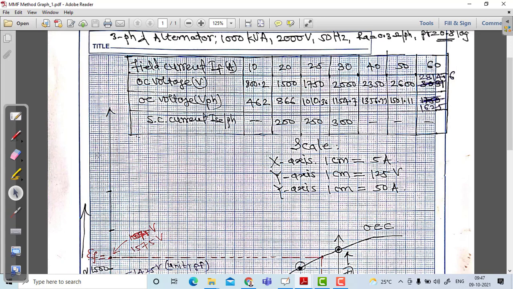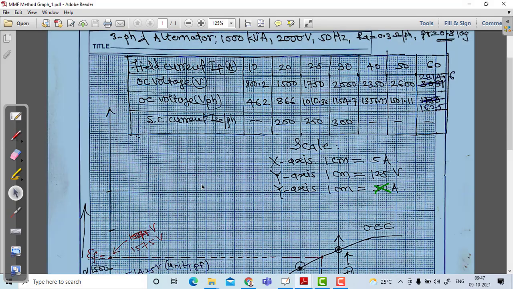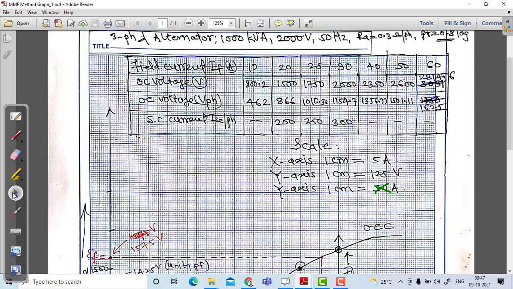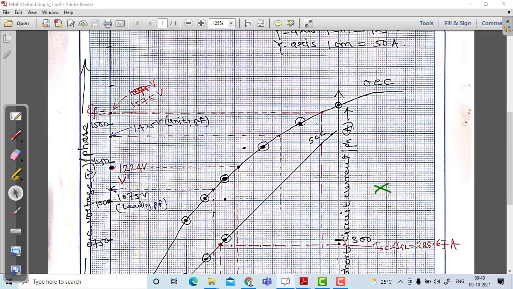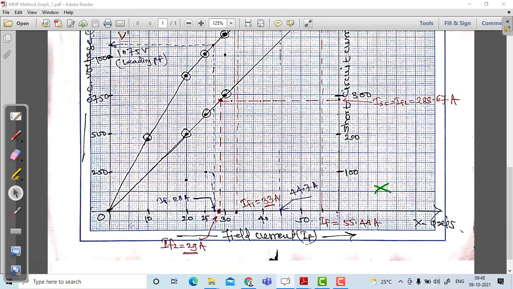Here there is some mistake: the y-axis is by mistake written, so this is wrong. Okay, now let us plot. See the field current, and the scale is 1 centimeter equal to 5 ampere.